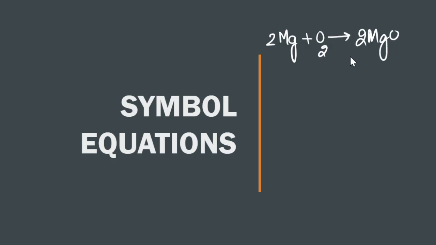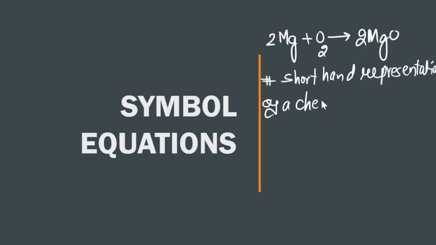Therefore, we can define the chemical equation as a shorthand representation of a chemical change in terms of symbols and formulae.